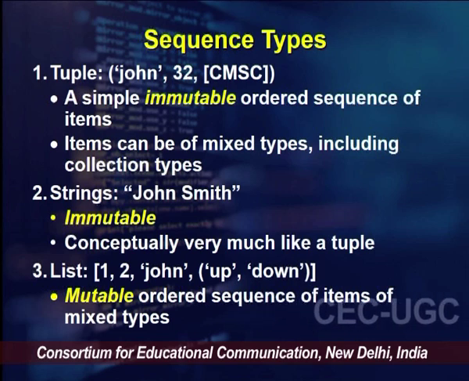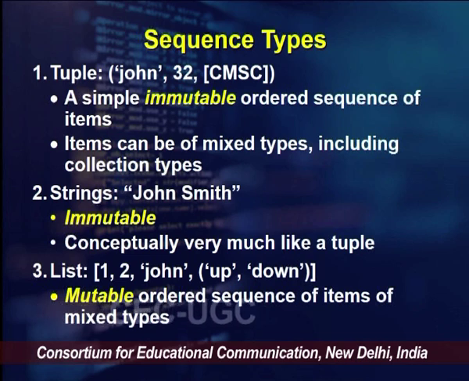You simply give a name to the tuple and give the values, which are separated by commas. We say it is immutable because you cannot change the values in the tuple. A string is also very much like a tuple and is also immutable, because in this also change is not possible.